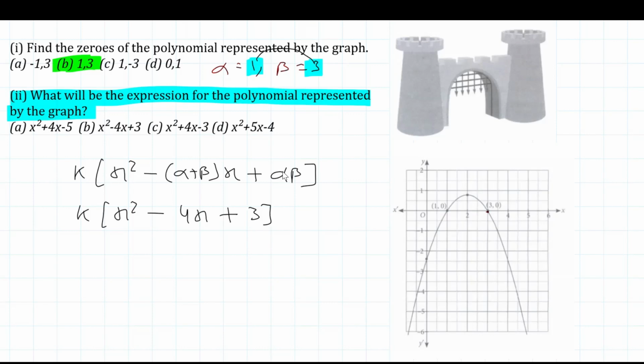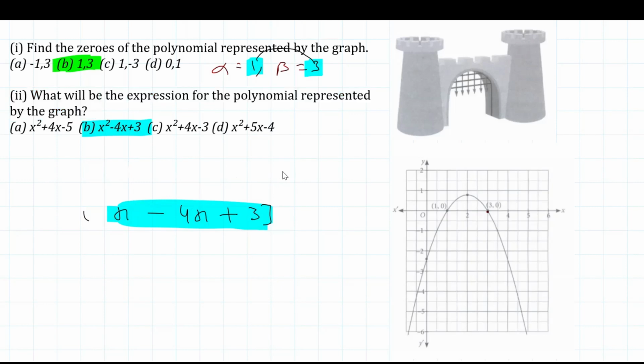Well, k can be any constant over here. So this polynomial is x square minus 4x plus 3. That's the option. This is option B only, right?